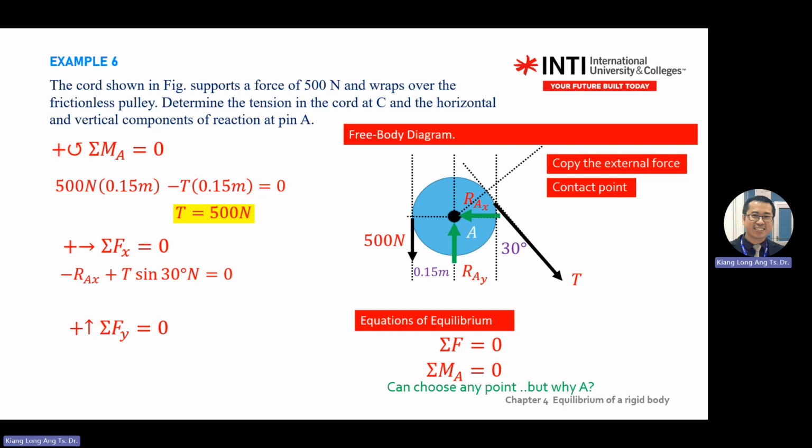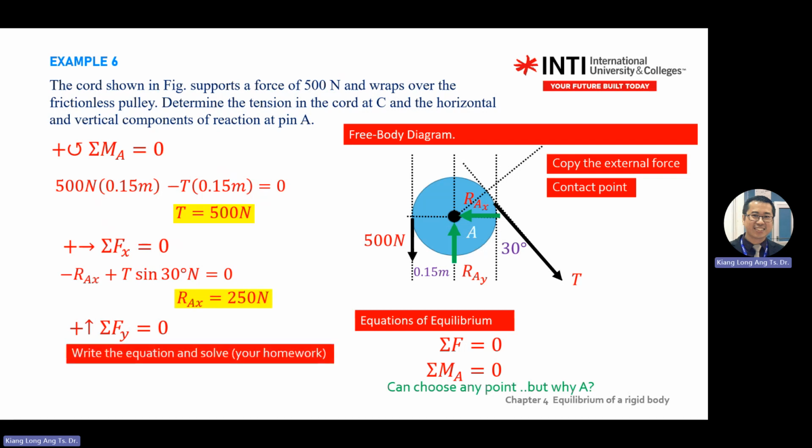Okay, I just show you what happens if I put my RAX to the left. In my calculation, I put negative there. Okay, then you need to split your T into X direction. While you repeat, you'll get 900 something.